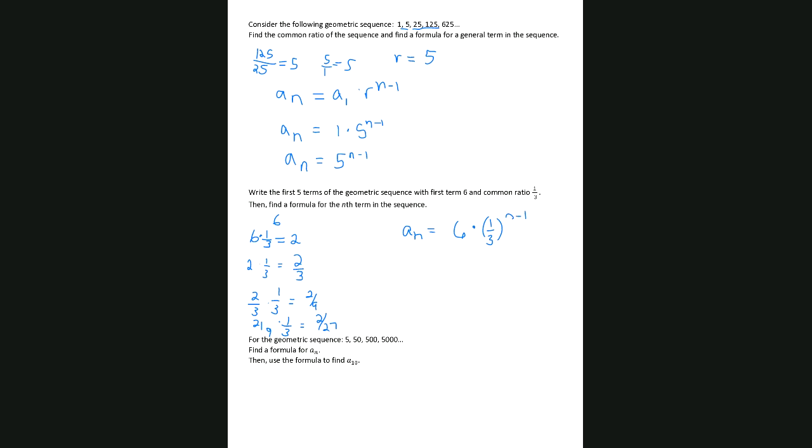And I could have found this first because I knew the first term and the common ratio, and then put 1 for n, 2 for n, 3 for n, 4 for n, and 5 for n, and found these terms that way. But that is the general or the nth term of the sequence.